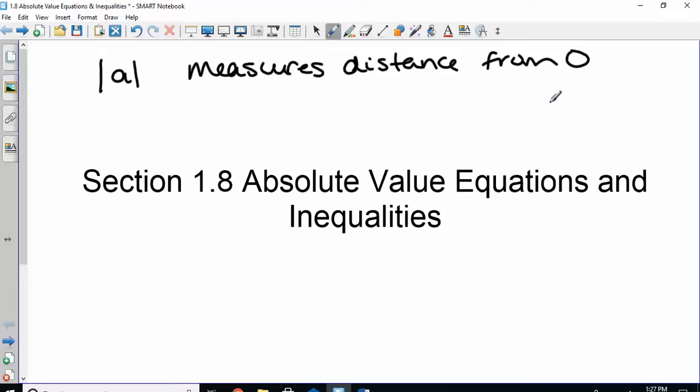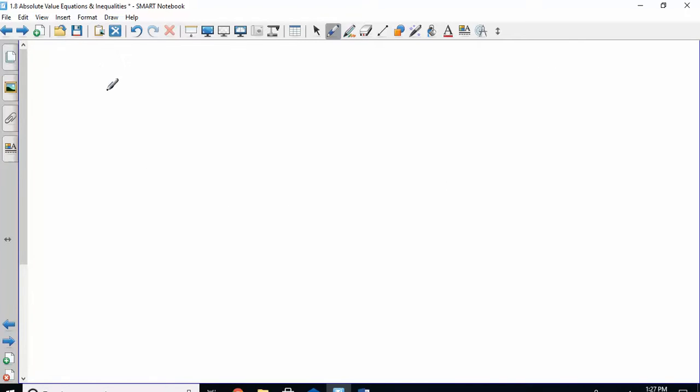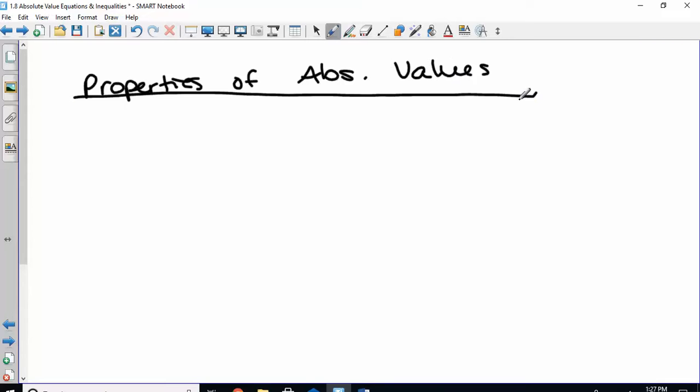Properties of absolute values that we need to know. If we're going to solve equations with absolute values, if I say the absolute value of A equals B, then you have to write two equations.